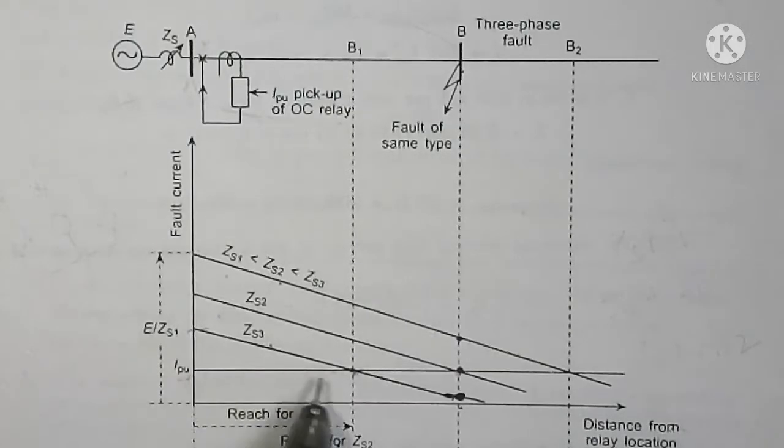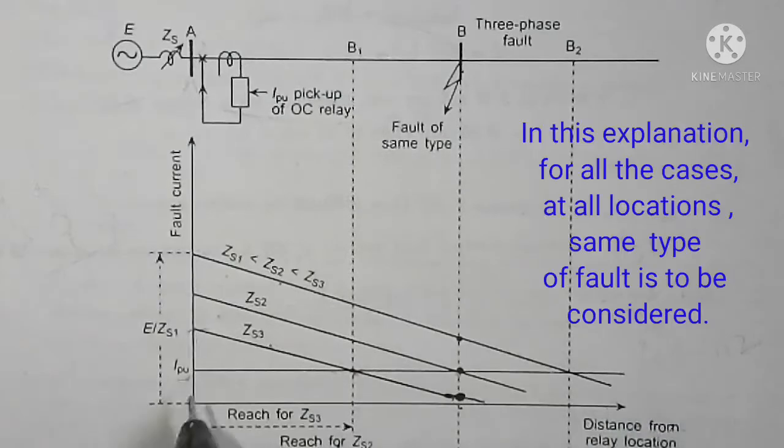Similarly for ZS1 also, the nature of the graph remains the same. Now here is the pickup current of the relay, IPU.